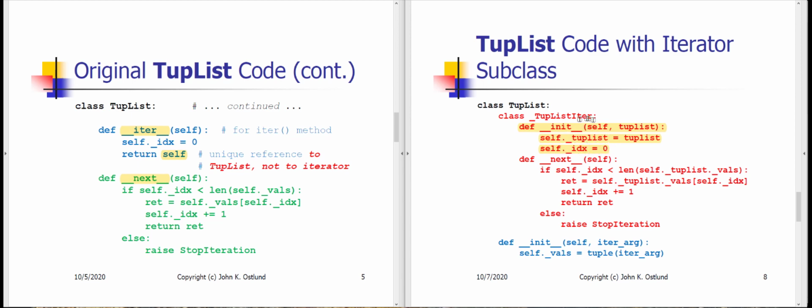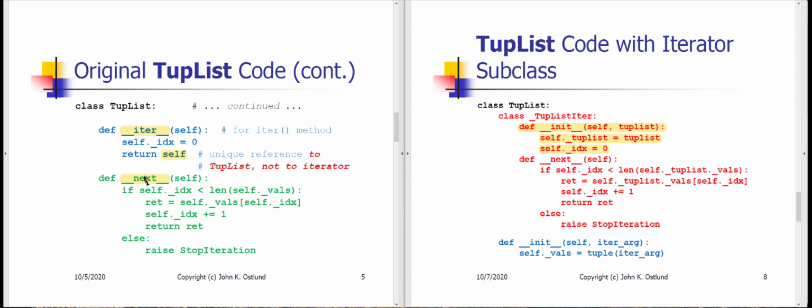Now that means each time I create a TupList iterator object, it will refer to its own TupList, but it will have its own independent index, initially 0, independent of any other TupList iterator.